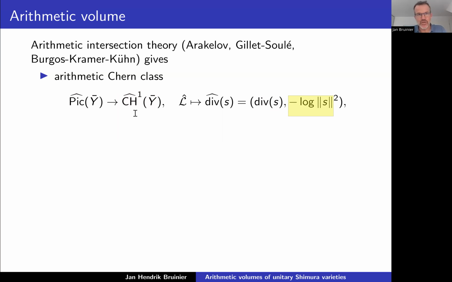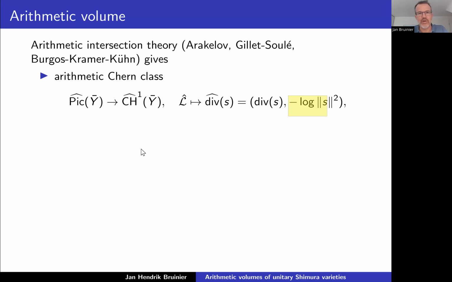Somehow this first Chern class is given in an easy way. So one just takes a rational section of the line bundle L hat. If we take a Hermitian line bundle, we take a rational section, and then we can take its divisor on the integral model. And for the Green function, we just take the negative log of the Hermitian metric of the section. And this gives then such a Green function. So we get an arithmetic divisor.